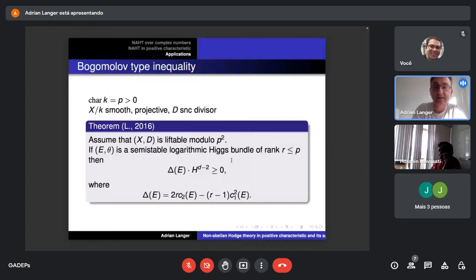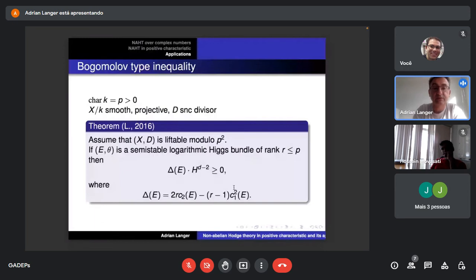The logarithmic Simpson correspondence is also known, and it is due to Takuro Mochizuki, but he had to work really hard, and it's not like the methods of Simpson, which were analytic, but they work easily in the logarithmic case. Whereas with these kind of techniques that you have in positive characteristic, it's quite funny to see that there is essentially no difference between considering a variety or a pair of a variety with a divisor.